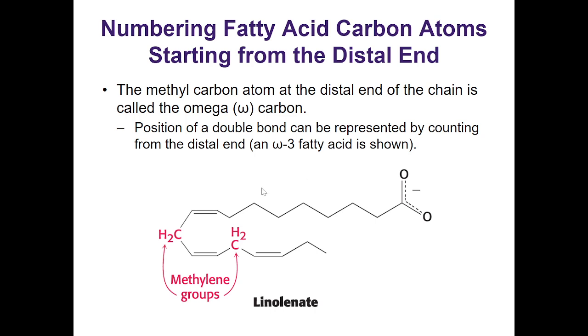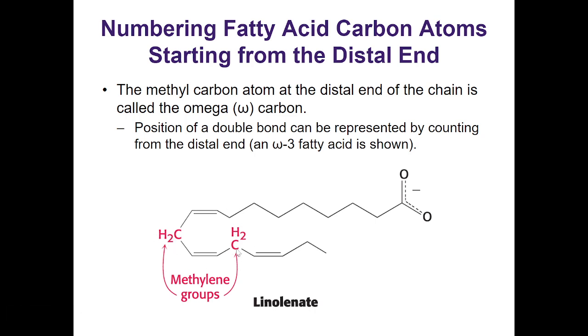So the position of a double bond can be represented by counting from the distal end. A W3 fatty acid is going to be shown down here. And so again, here we have the omega, and then 1, 2, 3. These right here are the methylene groups, by the way.